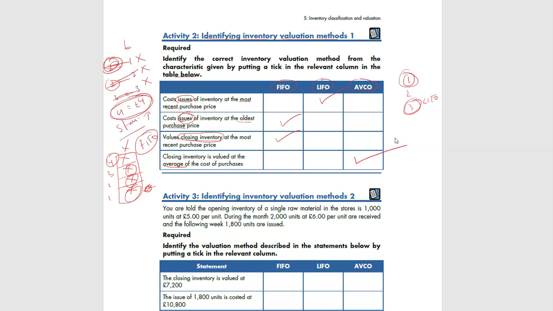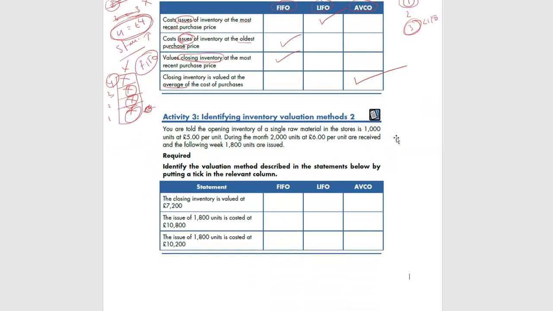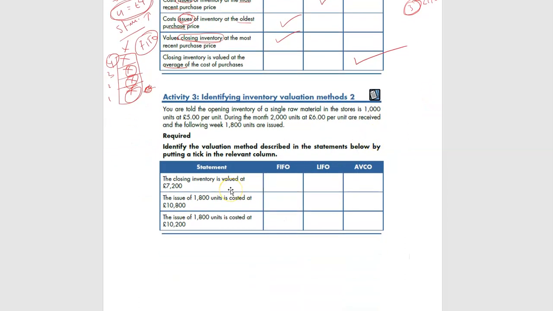The next one we have here, they said identifying inventory valuation method 2. You are told the opening inventory of a single raw material in the store is 1000 units. So we have an opening inventory that is 1000 units at £5 per unit. So let's make the value of that: 1000 units, £5 per unit, that will be 5000, isn't it?